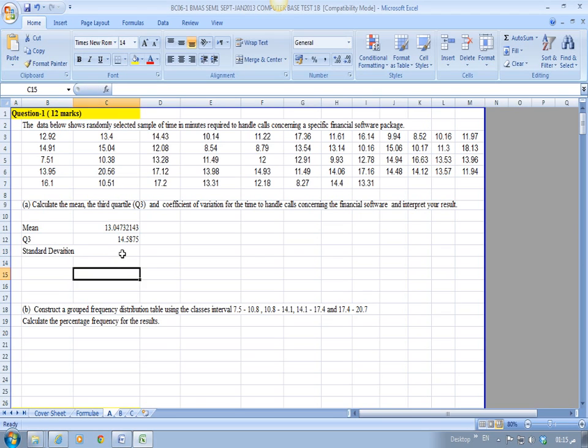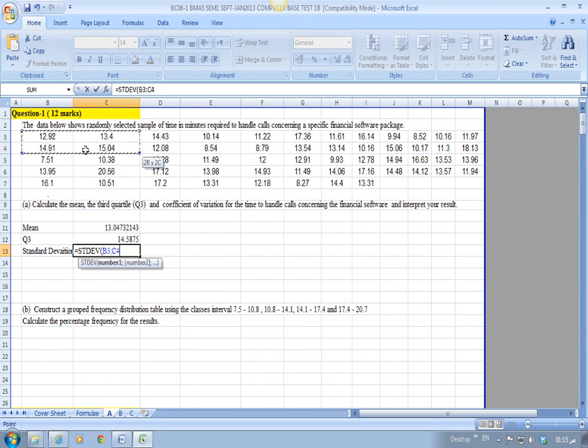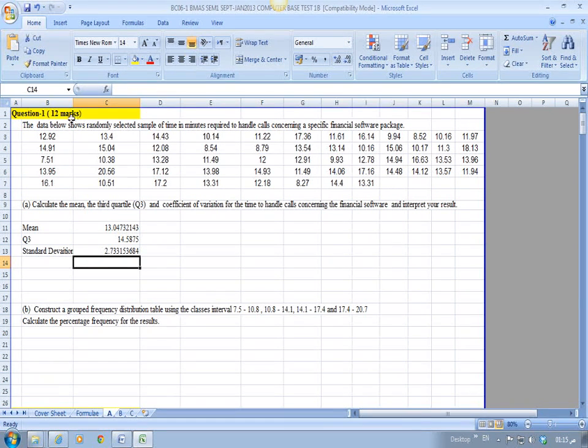Equal, you see STDEV, double click, highlight the data, press enter. This is the standard deviation.